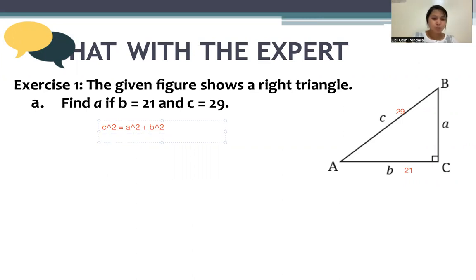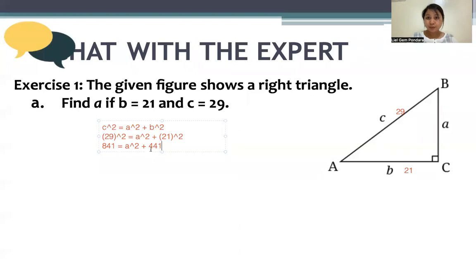So our C is 29. That means 29 squared is equal to A squared plus our B is 21, 21 squared. Now 29 squared is equal to 841, is equal to A squared plus 441.